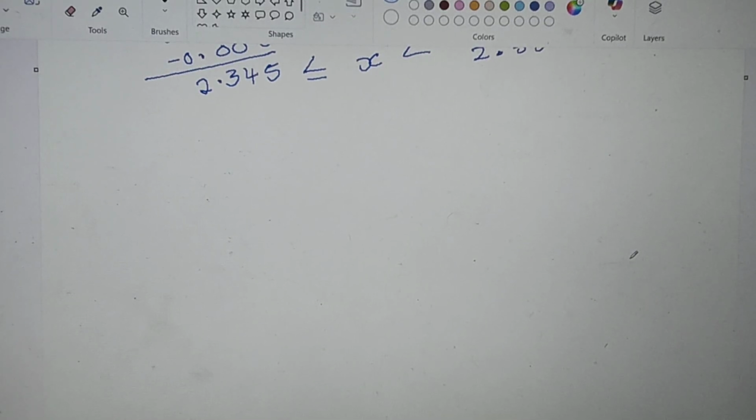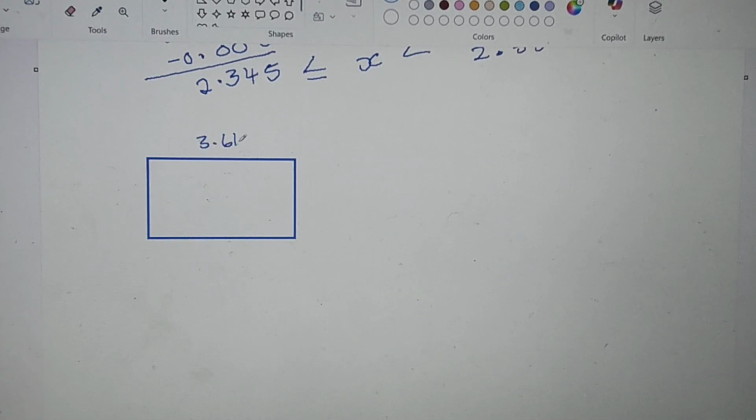Like they might say, for example, let me just see. Here's a nice one. They've given me a rectangle, and they've said that my dimensions of the rectangle are 3.61 centimeters at the top, and 2.57 centimeters across.